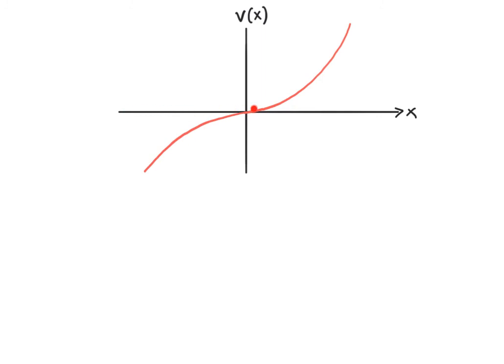The x-axis represents position, and the vertical axis represents the value of the electric potential at that position. So at this position right here, the electric potential has a positive value. And if I keep moving to the right, the value of the potential keeps increasing. What would happen if I place a charge right here, a positive charge?